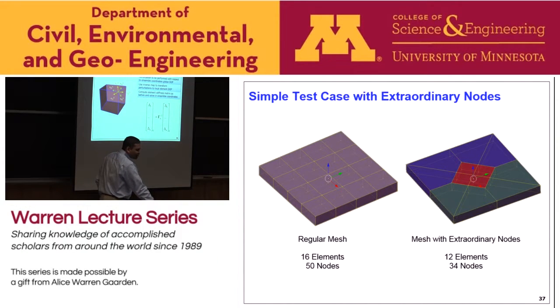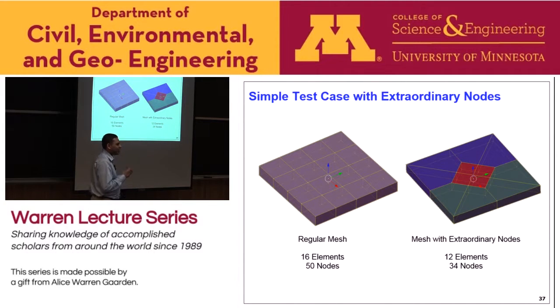We were able to do this on different cases. Before we applied it to cardiac modeling, we wanted to see what happens in standard cases where we introduce extraordinary nodes. To do that, we took a simple mesh, which is a rectangular block. The mesh on the left hand side has 16 elements and 50 nodes, whereas the mesh on the right hand side has 12 elements with 34 nodes.